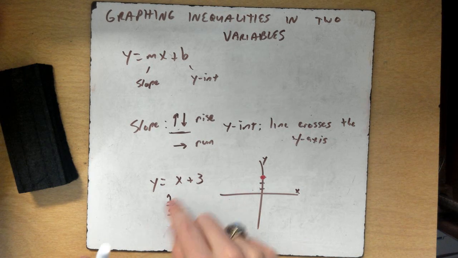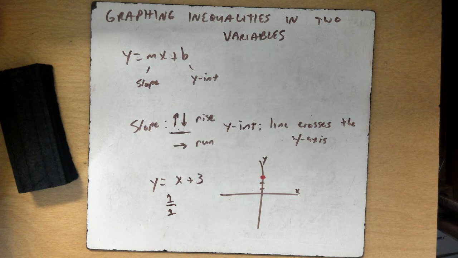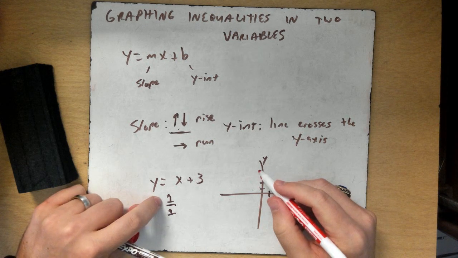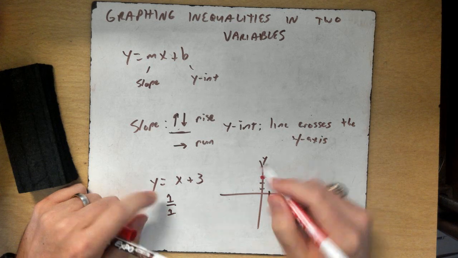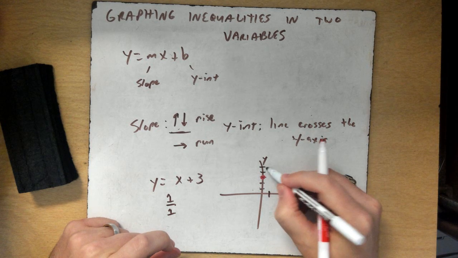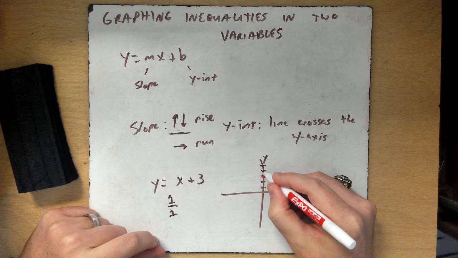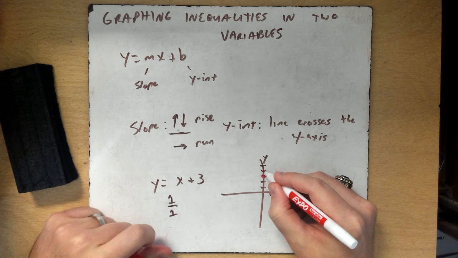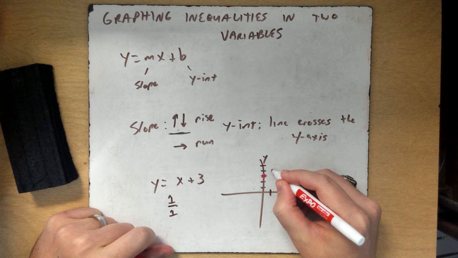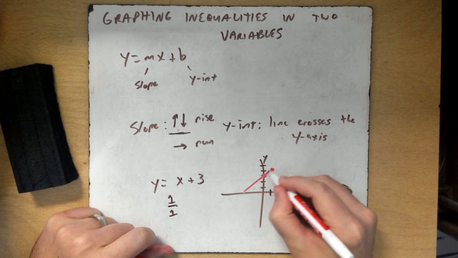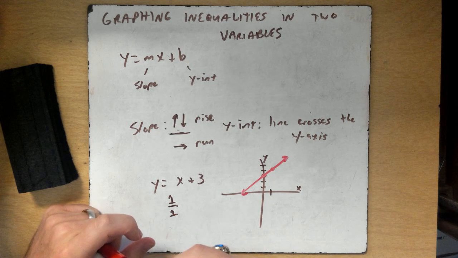Which means from my point here on my y, I'm going to count up 1, and then my bottom one tells me to the right one. So my point is going to be here, and then I draw my line, connect the dots.